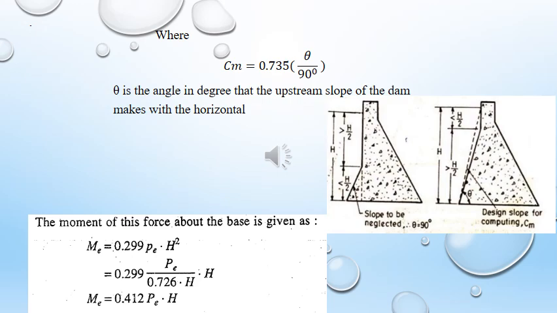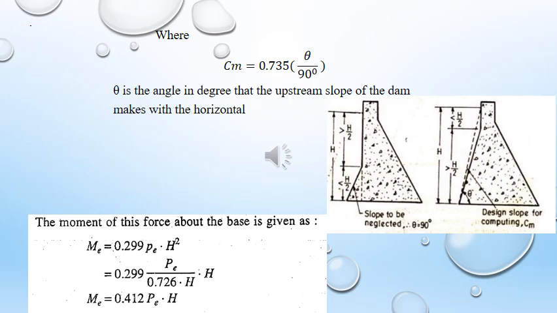When the upstream face is partly vertical and partly sloping, there are two cases that can arise. When the vertical portion is more than half of the depth, the entire face is taken as vertical, so theta is taken as 90 degree, which means the slope is neglected.